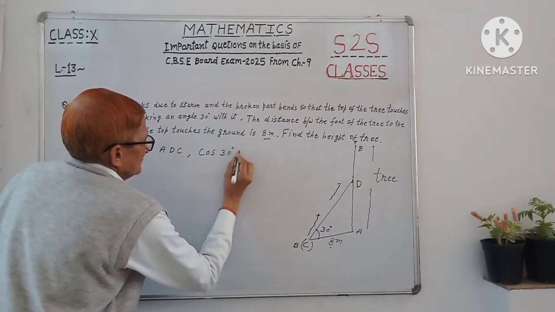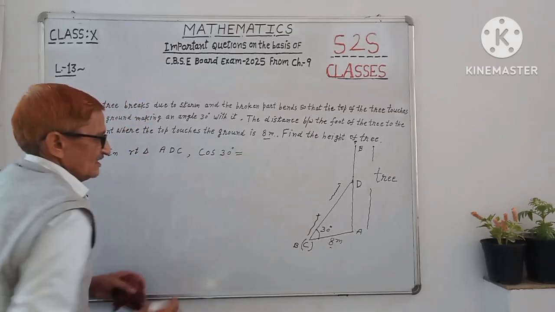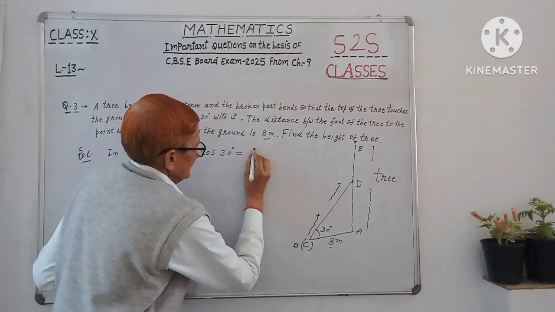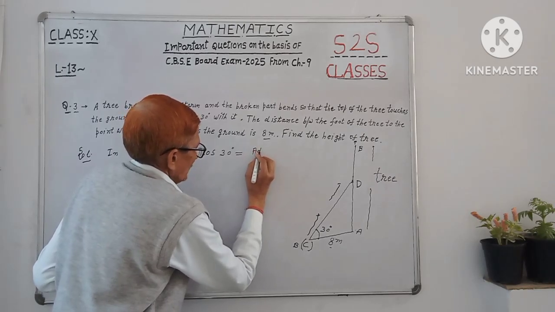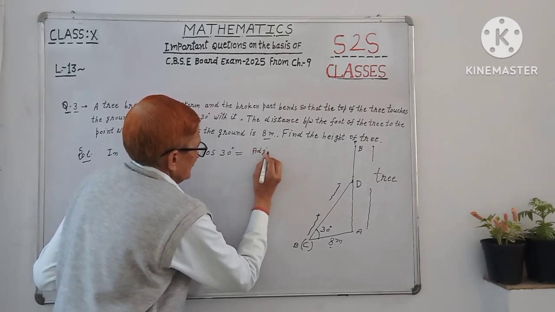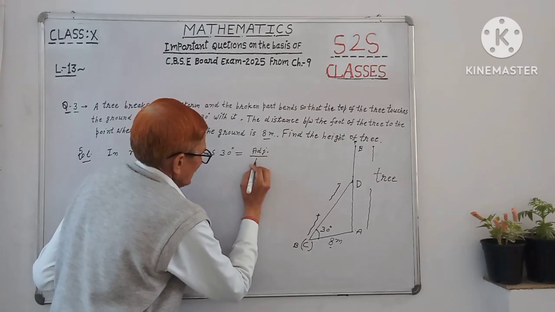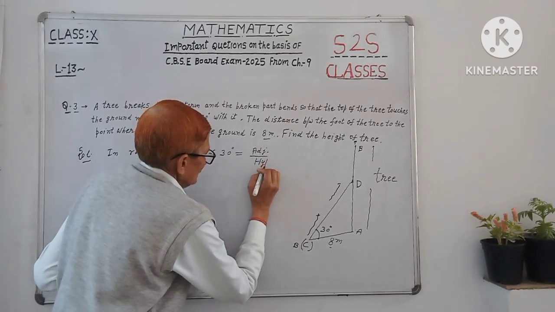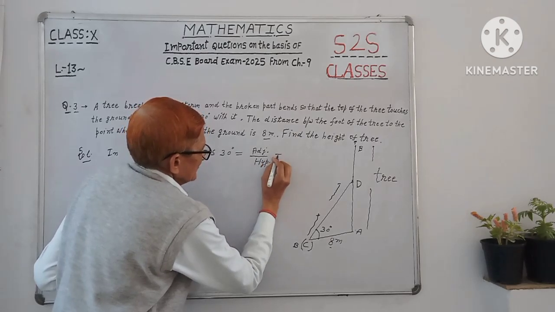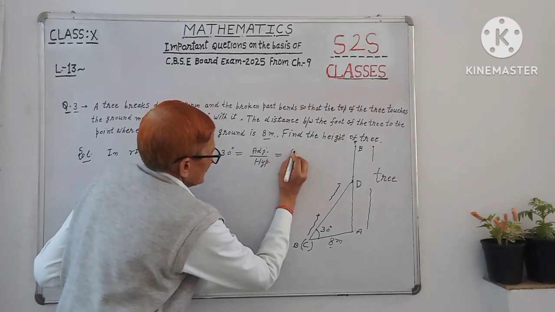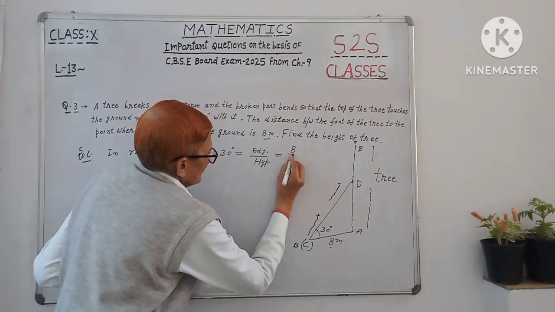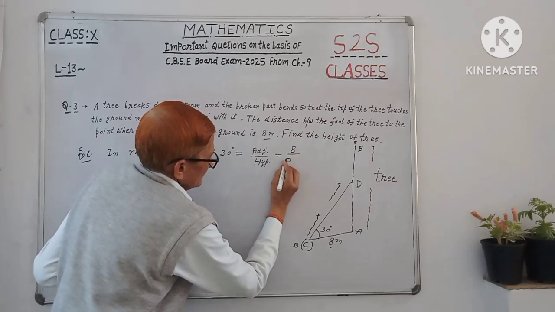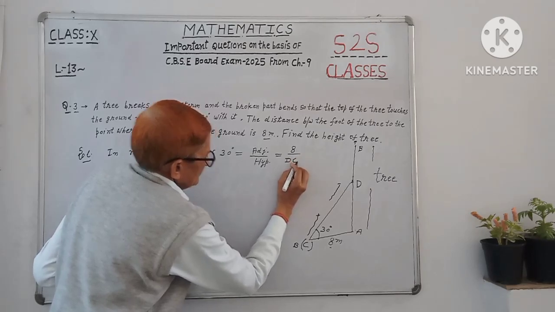Cos 30 degree is equal to, cos theta is adjacent upon hypotenuse. Now, okay son, this adjacent side here is 8 meter given, upon hypotenuse we have to find, it is DC.